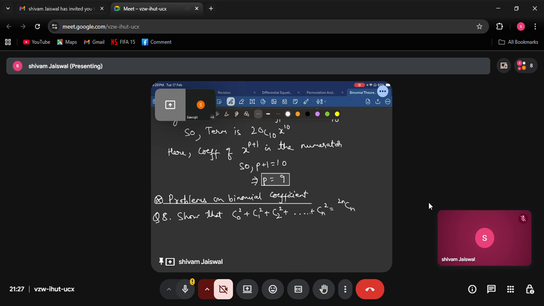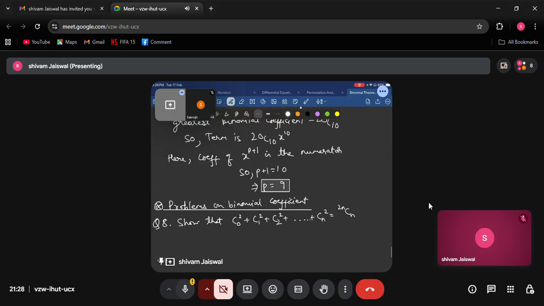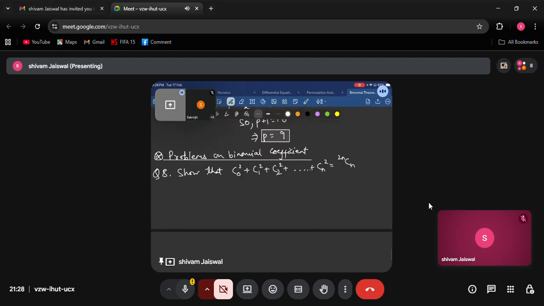So C0 means nC0, right? Over here C0 means nC0. We need to show this. Okay, so I've got two methods of proving this one. Let us see the proof. So was this a question or an example? Example, I'll do it. The rest of the problems you will do.